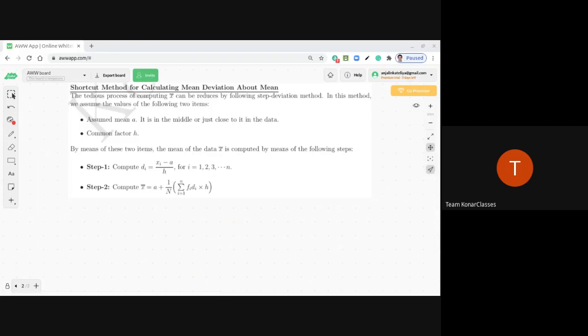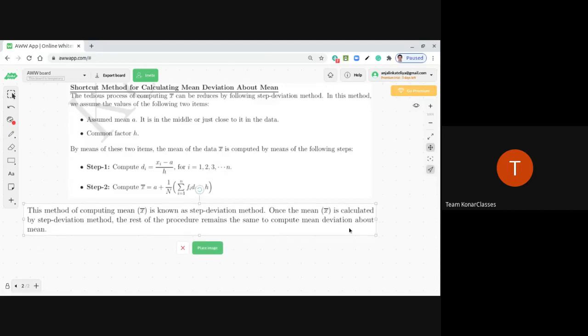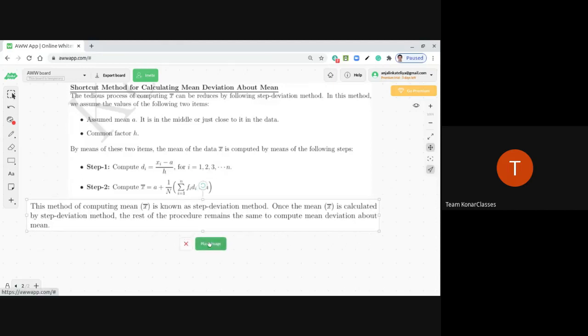This method of computing the mean is known as the step deviation method. Once the mean x bar is calculated by the step deviation method, the rest of the procedure remains the same to compute mean deviation about mean. So the tedious process of computing x bar can be reduced by following the step deviation method.